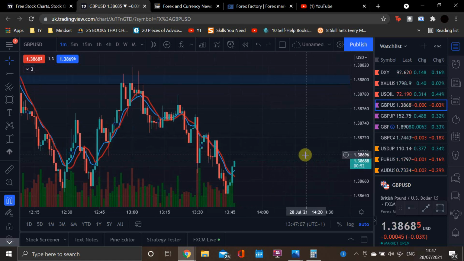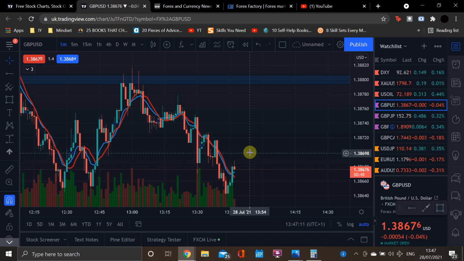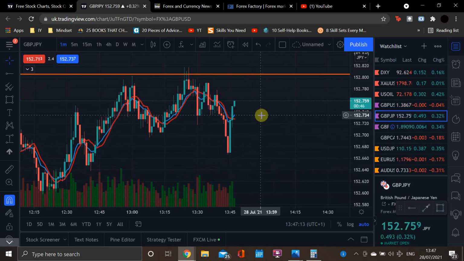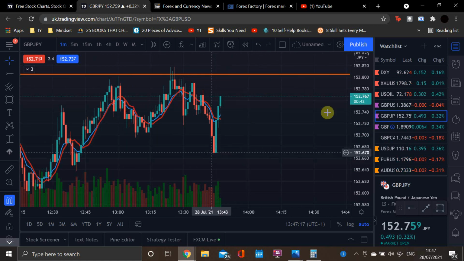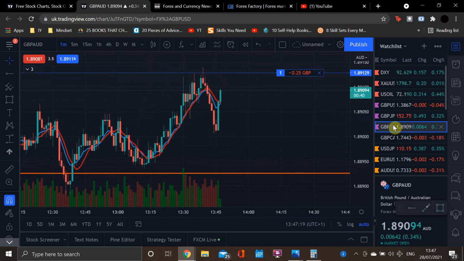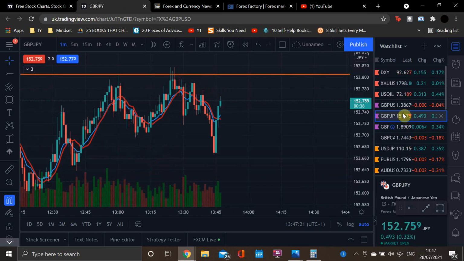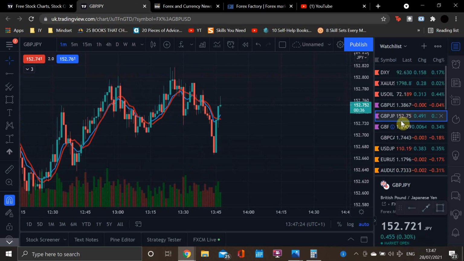What's it going to be? Look at that reversal, so quick. So GBP is strong right now.